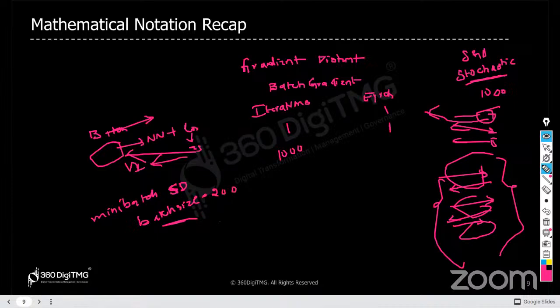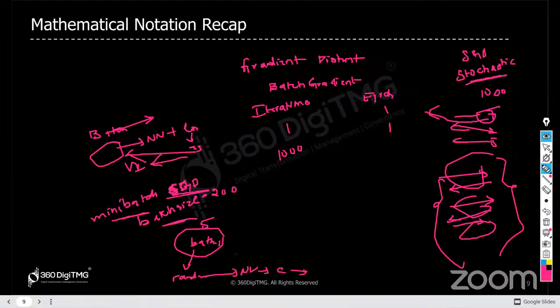How many batches will I get? I will get 5 batches, one with 200, one with 200, and so on. This is mini batch stochastic gradient descent. Stochastic means we randomly select the observations, and mini batch means we have a batch size. In batch 1, I randomly select the observations and pass them through the neural network. I get the cost and so on. I do the same thing for different values.